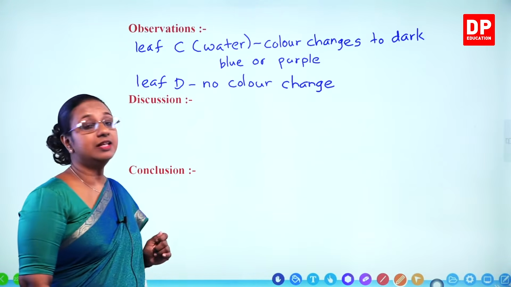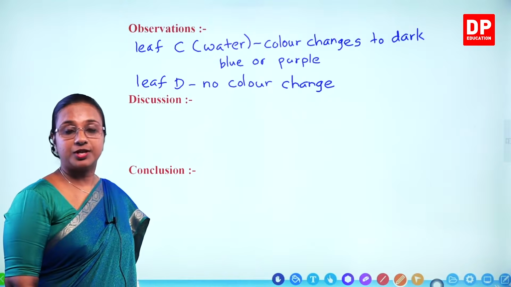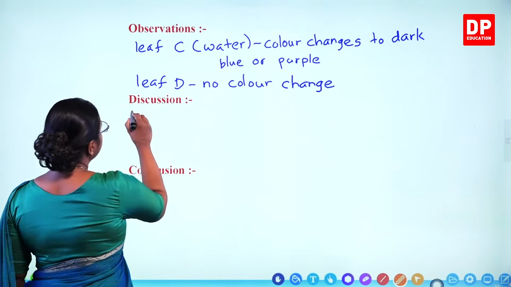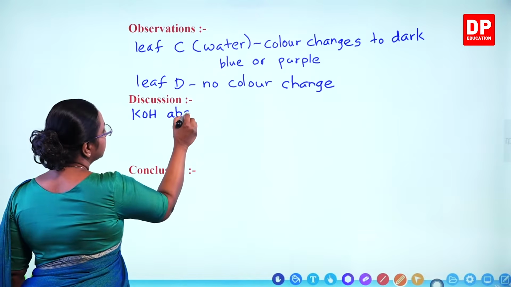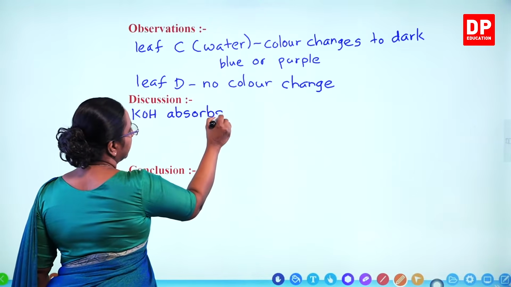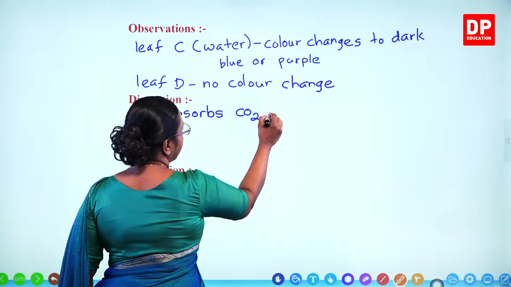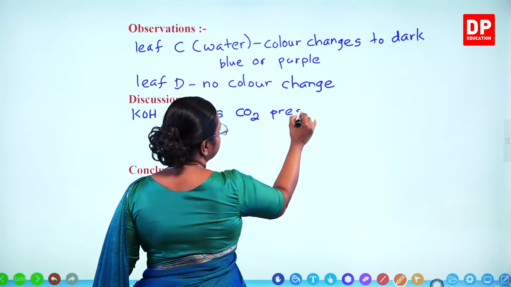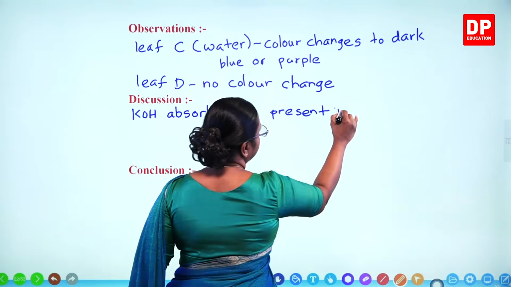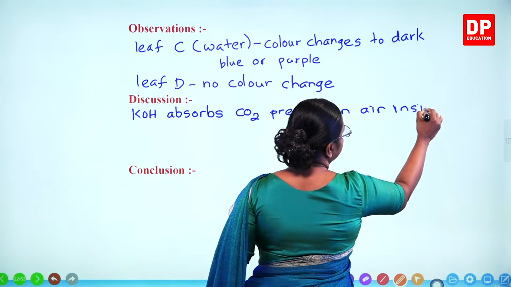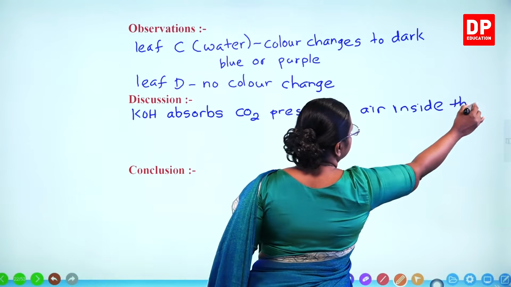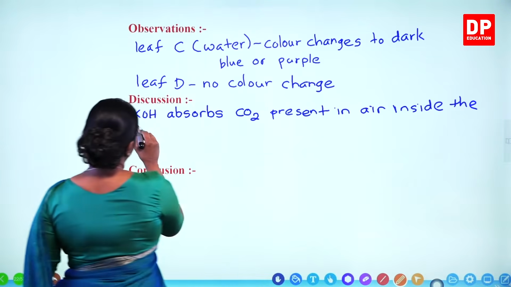In leaf D, there was KOH, potassium hydroxide. And potassium hydroxide absorbs carbon dioxide present in air inside the bag.